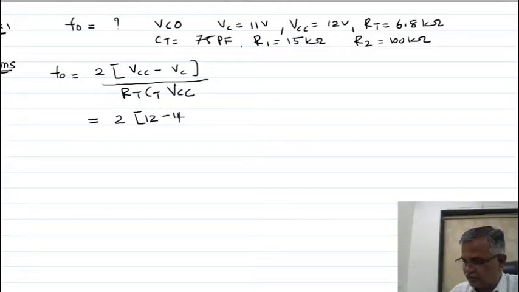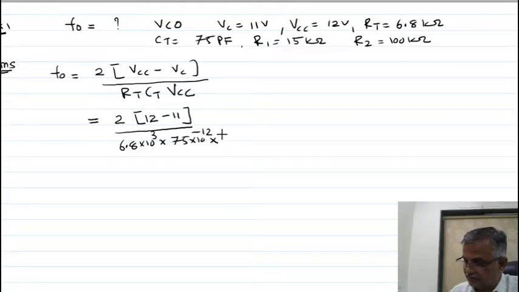VCC they have given 12 volt, VC they have given 11 volt, timing resistor they have given 6.8 kilo ohm, CT they have given 75 PF, that is 75 into 10 raised to minus 15. The VCC they have given 12. So this is 2 into 1 into 10 raised to plus 9 upon 6.8 multiplied by 75 multiplied by 12.